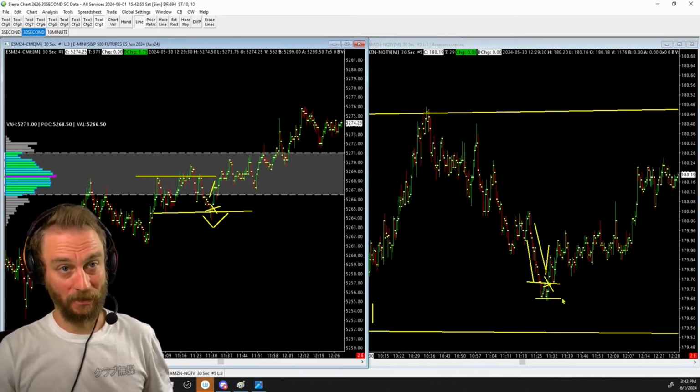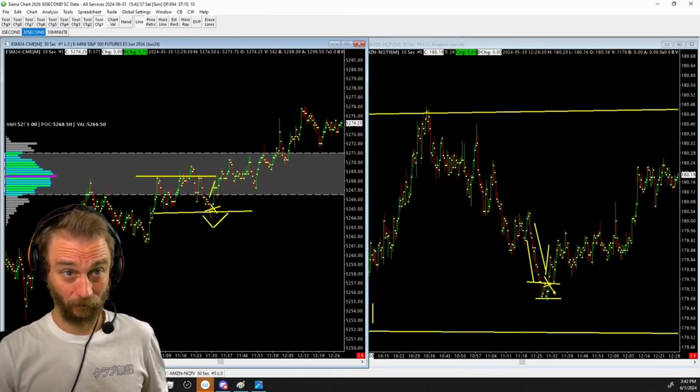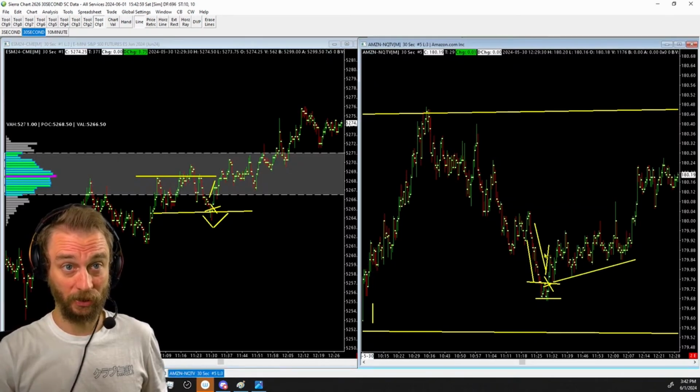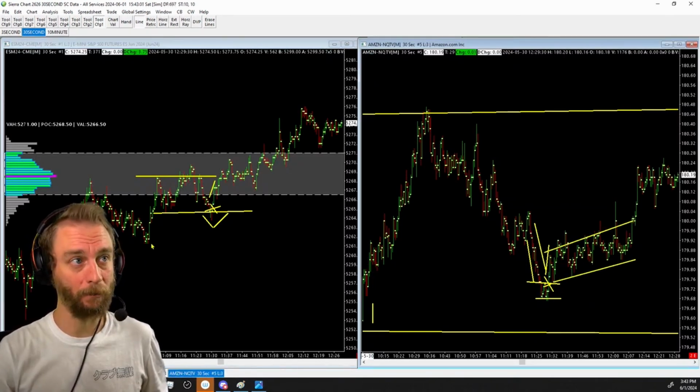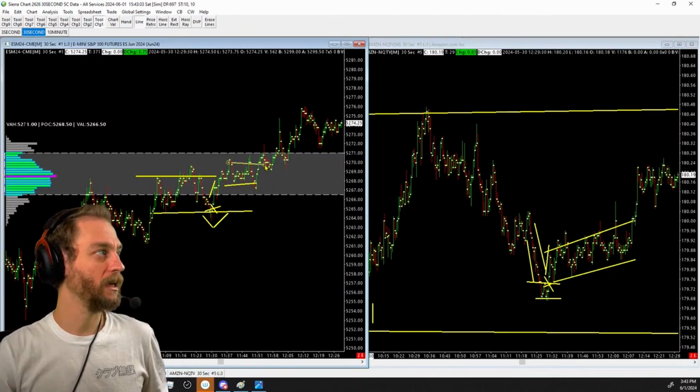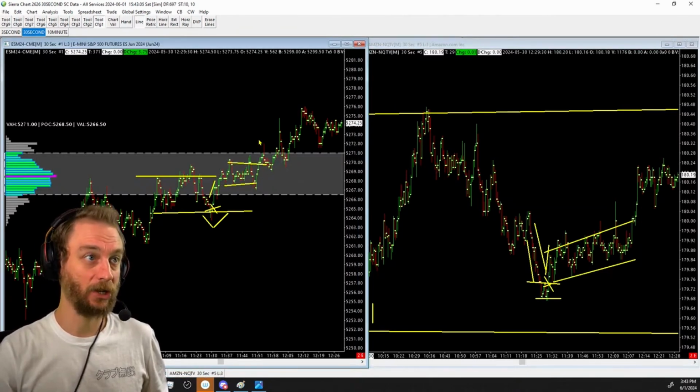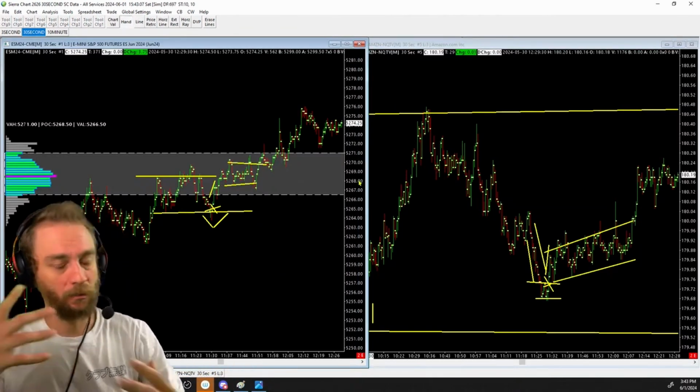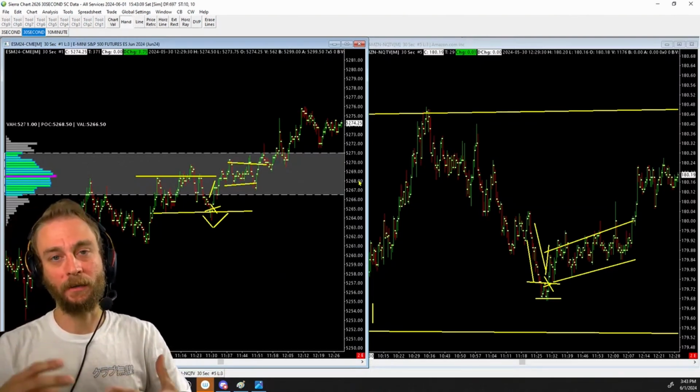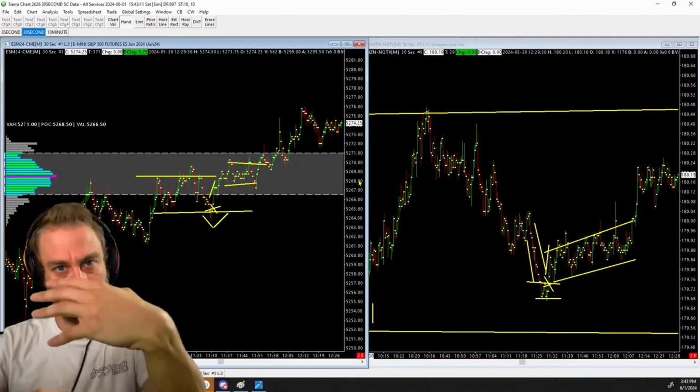But the problem is then Amazon starts to just float sideways. Is it going to dump or not? And then ES starts to float sideways. Is it going to actually get all the way across? This is where the expected value of the trade is shifting every second.